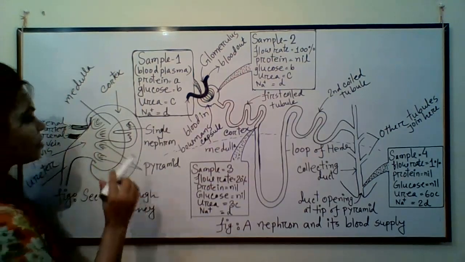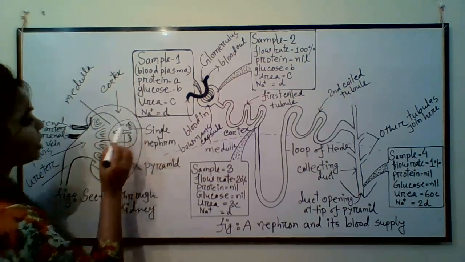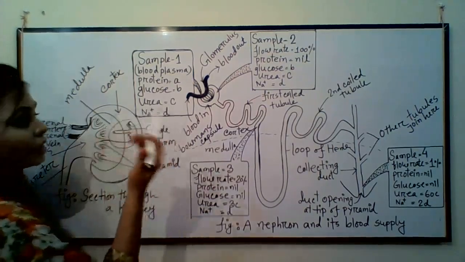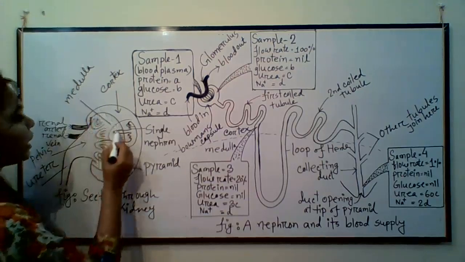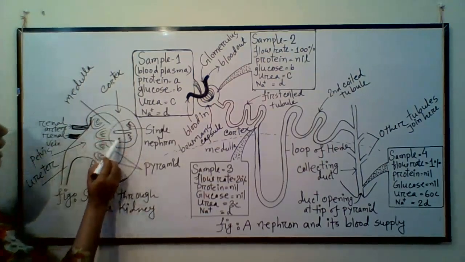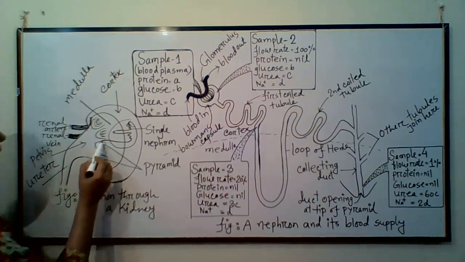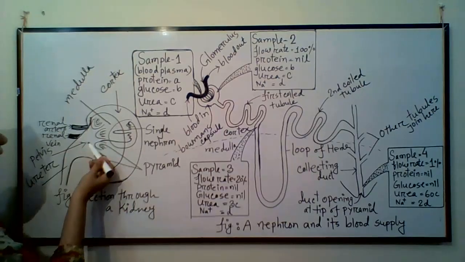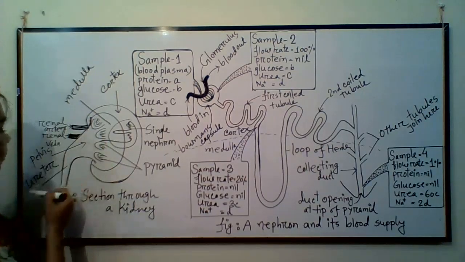The nephron runs down to the middle layer of the kidney, called the medulla, and at last the medulla joins up to the pyramids, and finally the urine empties here in the pelvis, and the pelvis joins to the ureter.